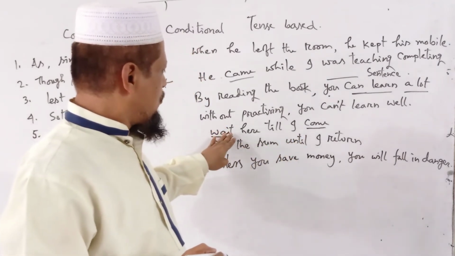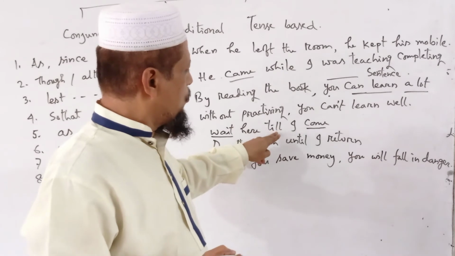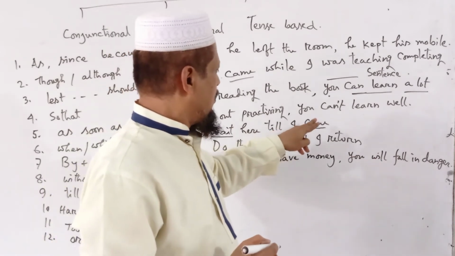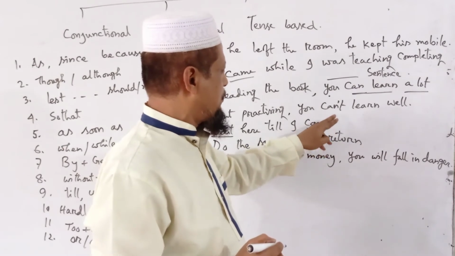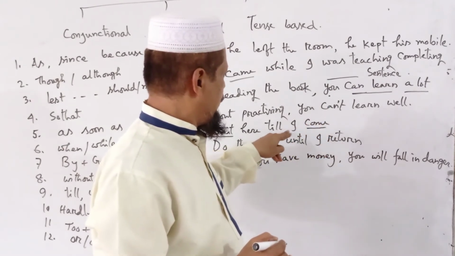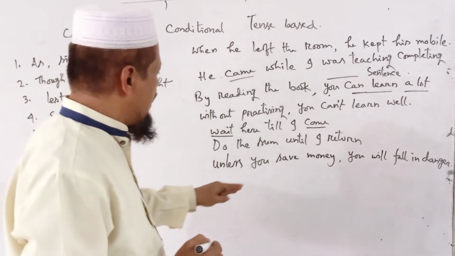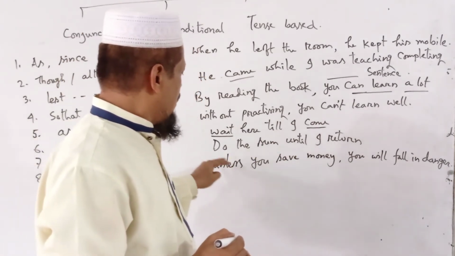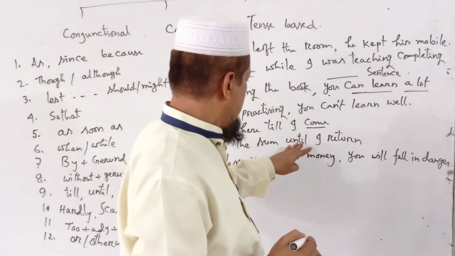If the past clause is connected with till, then you will add another simple present or simple future form in the second clause. But if the clause is connected with until, then until is a negative word.